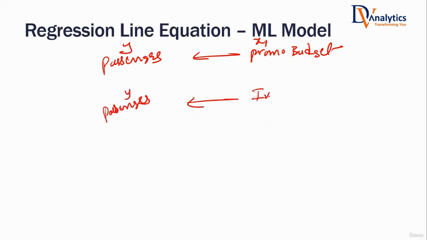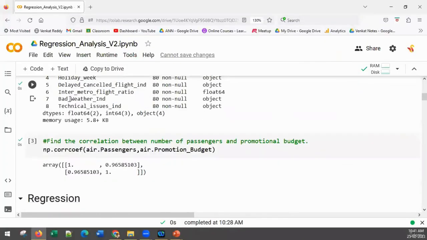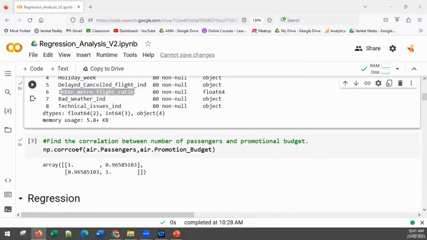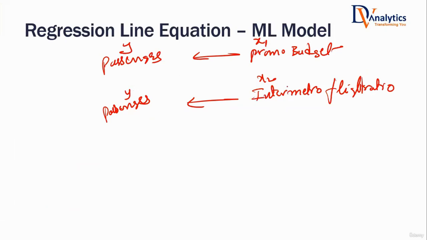No, he used the inter-metro flight ratio. Is there a rule that I have to use promotional budget only, or can I use inter-metro flight ratio also? Is there any such variable in the data? Yes, there is a variable called inter-metro flight ratio. Can I use it? Yes, I can use it. Let's call this model M1. Let's call this model M2.